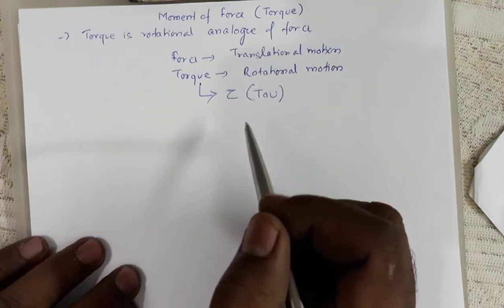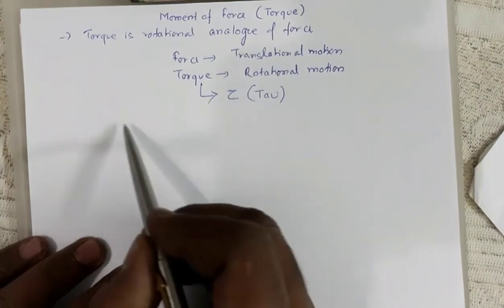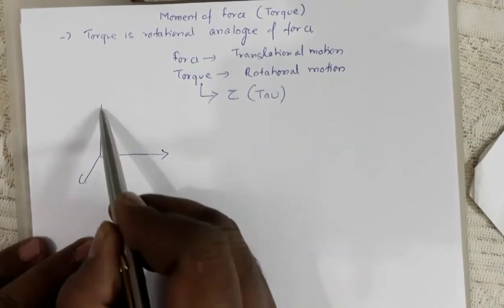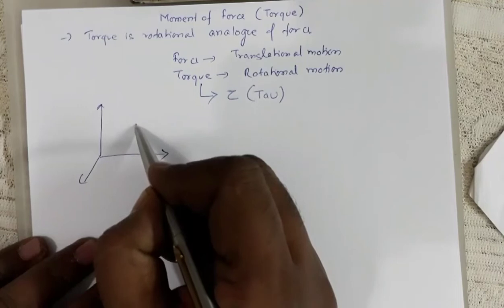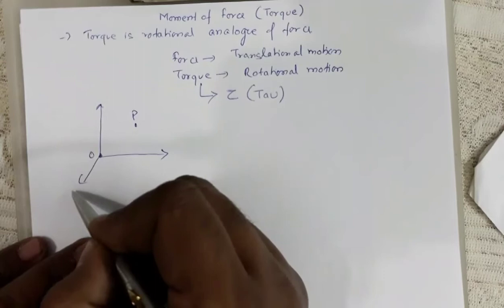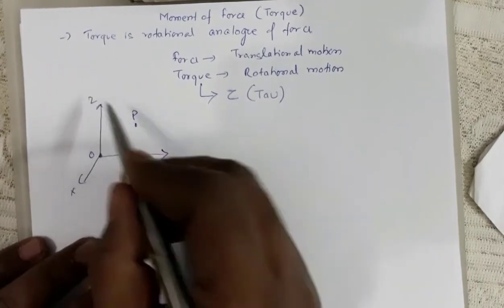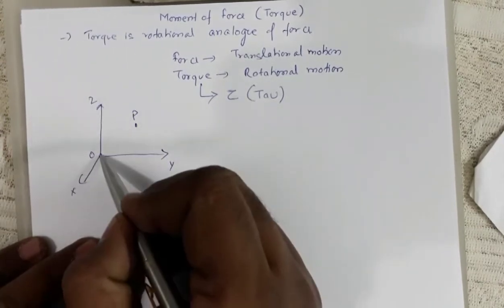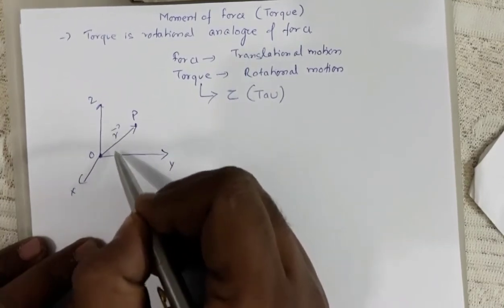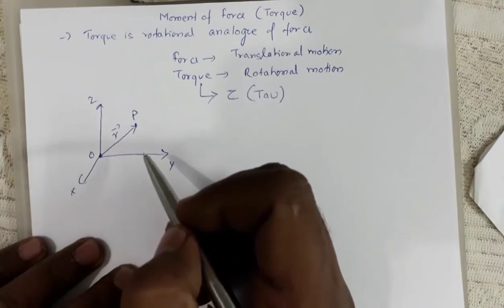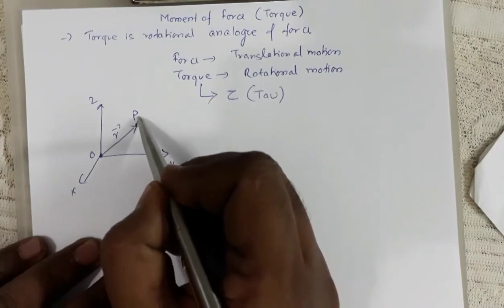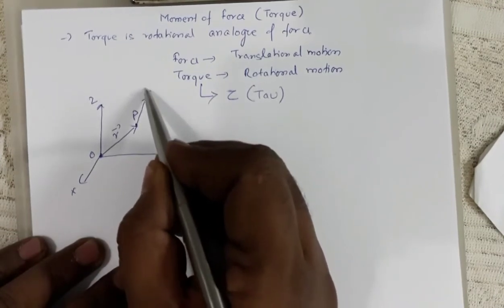Suppose you have a Cartesian coordinate system, and this is some particle P, and this is the origin, with x-axis, y-axis, z-axis. Particle P is defined by position vector r. Now suppose this particle is acted upon by force F in this direction.